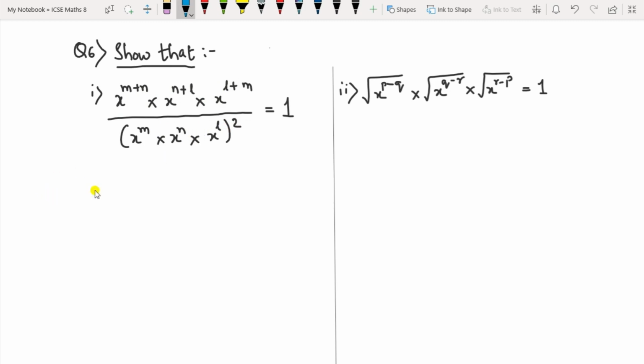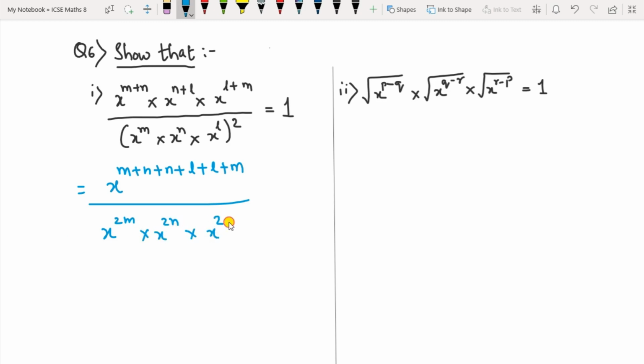So it will be x raised to m plus n, plus n plus l, plus l plus m, the whole upon x raised to 2m into x raised to 2n into x raised to 2l.